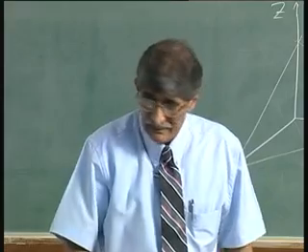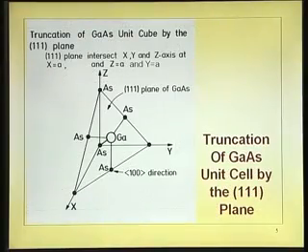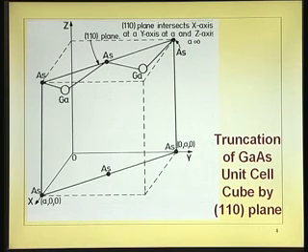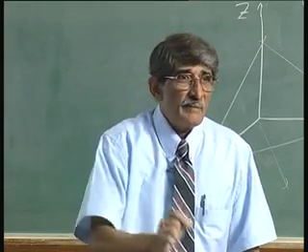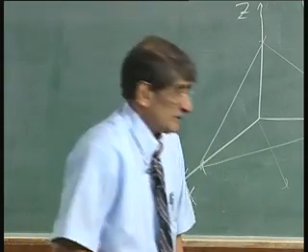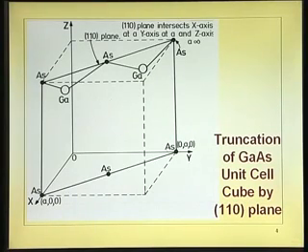So, if I cleave it, this is the 100 plane, and 110 plane is the cleavage plane, that is perpendicular to that. What will be the impact of that on the chip or the device? Let us draw that.